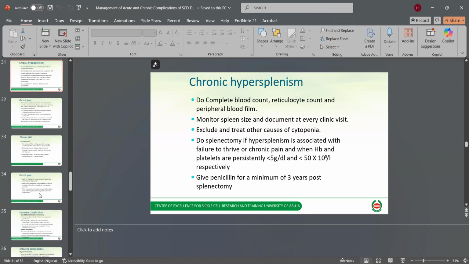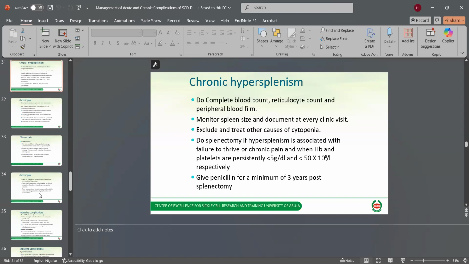Splenectomy is indicated when the hemoglobin is persistently less than 5 grams per deciliter, or platelet counts are less than 50 times 10 raised to power 9 per liter.